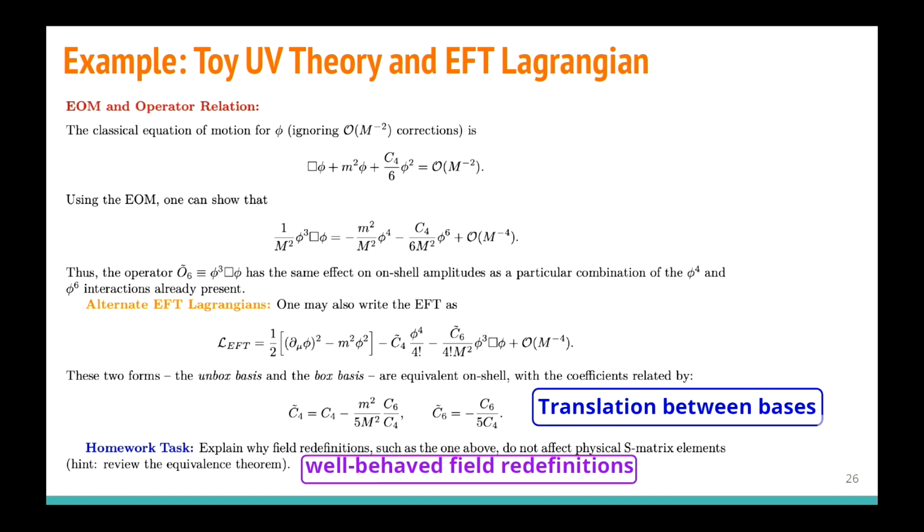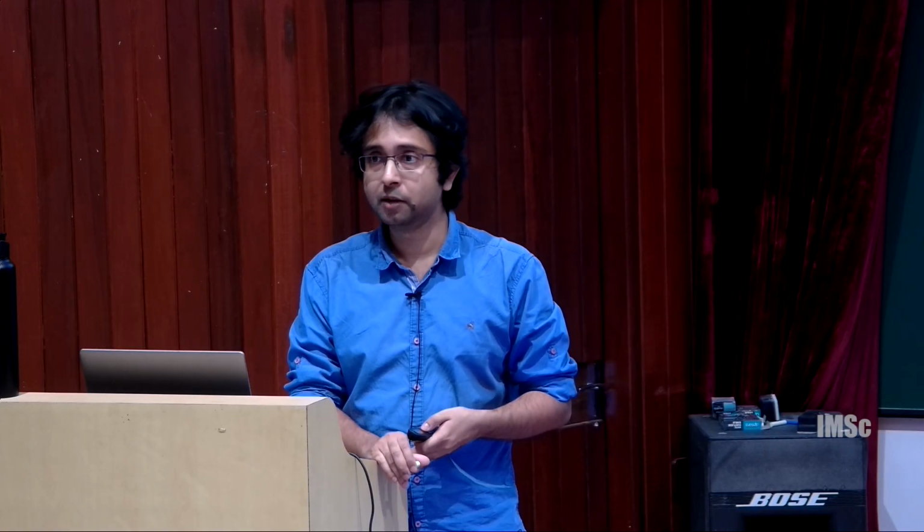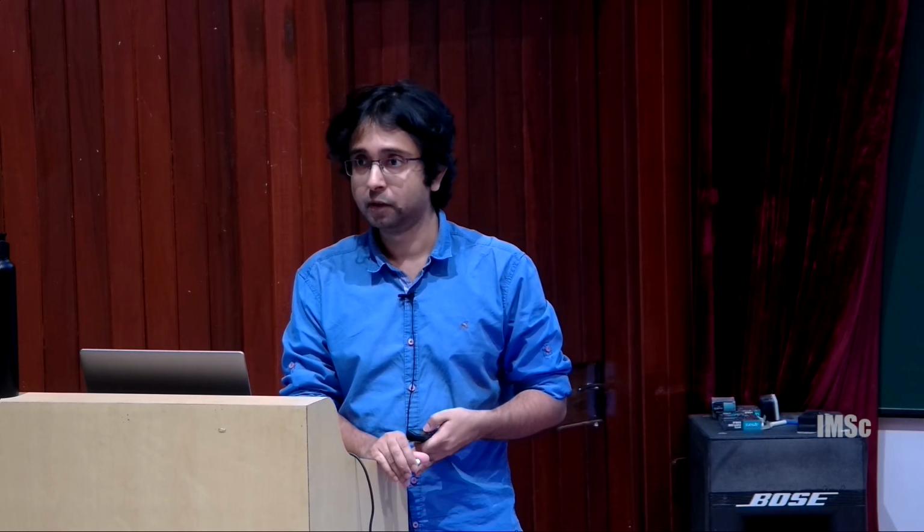That's why there are two classes: not all operators are gotten rid of by integration by parts, not all can be removed by equations of motion, and there are some operators which we will not be able to remove by either of them. For that we have two other classes of transformations: field redefinition and the Fierz identity, the Fierz transformation.